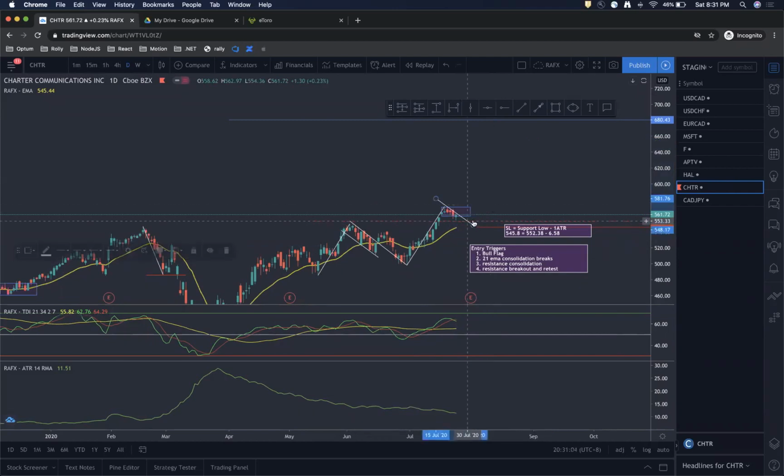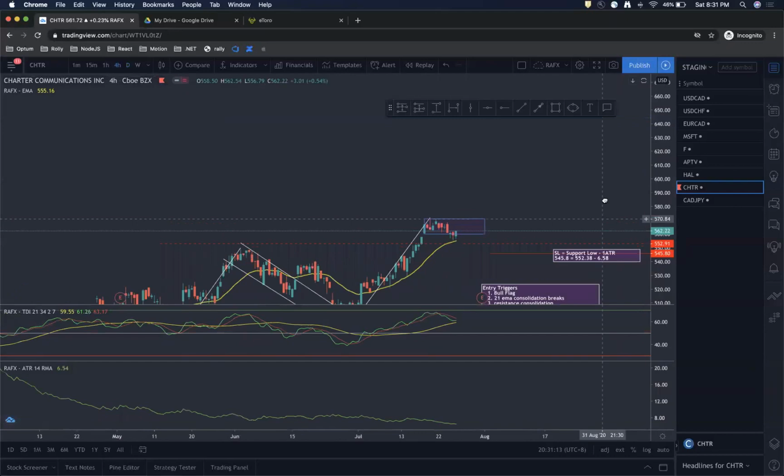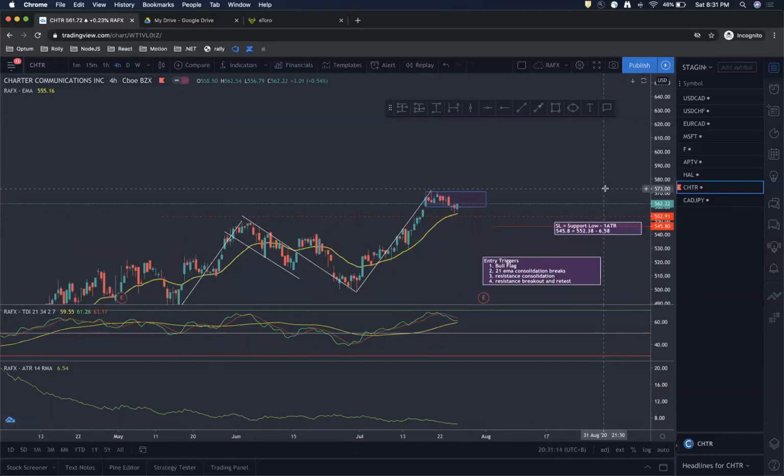Let me clear that again. So habang hinihintay ko siya, nagbi-visit ako doon sa lower time frame because I want to have a good risk-reward ratio. So luckily, Miss Market gave me a very good signal.